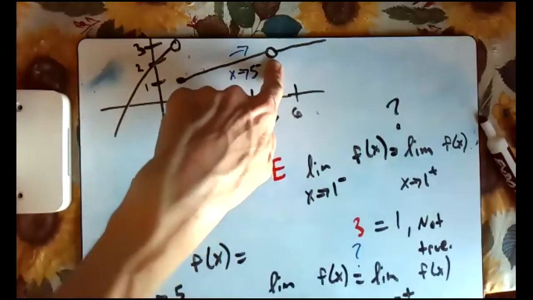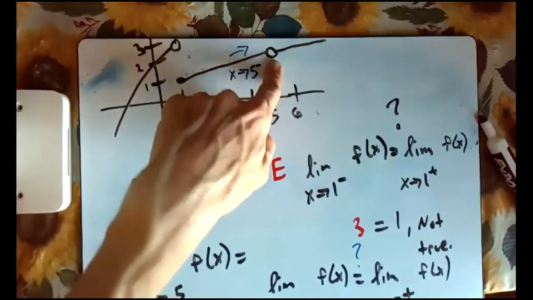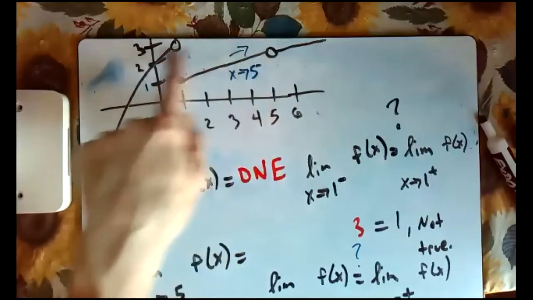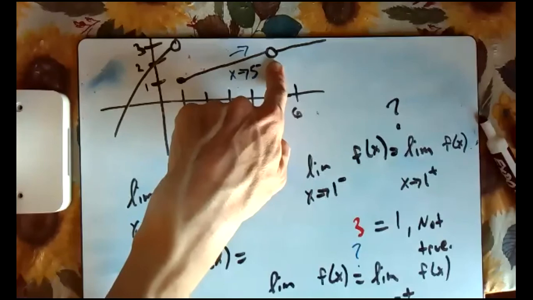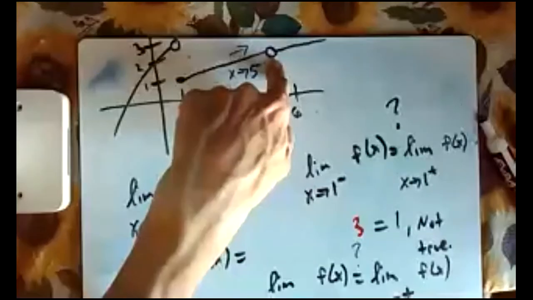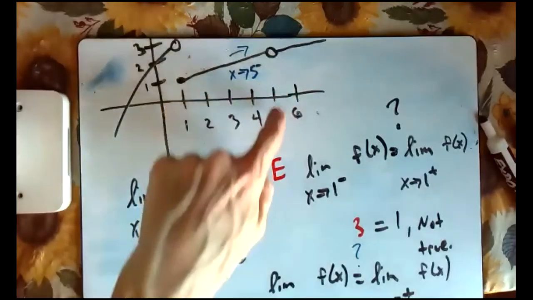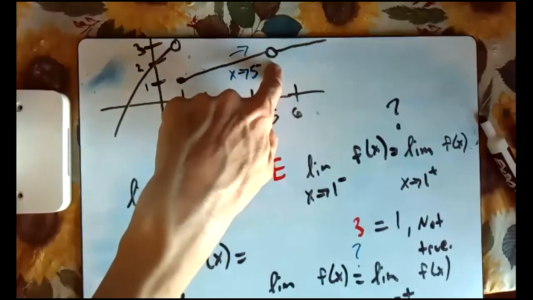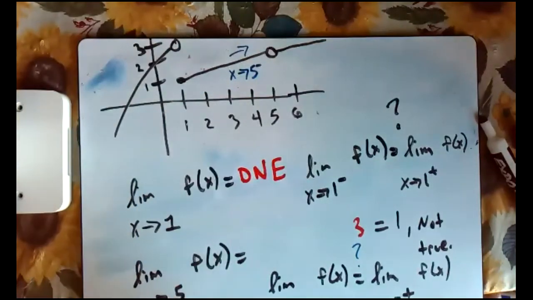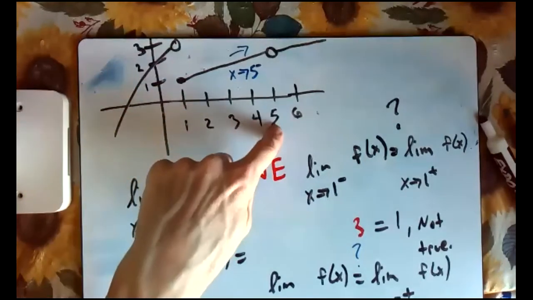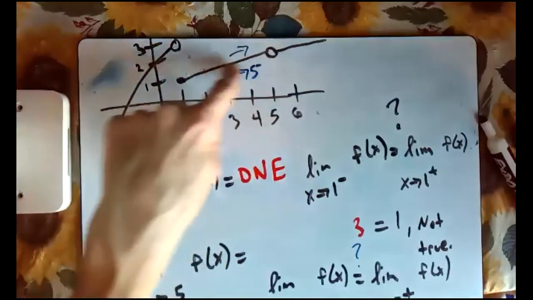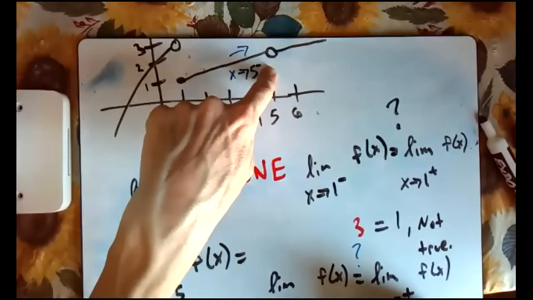Don't sit there and go, oh, open circle means not included, so it can't be going to y equals 2. It is. Remember, these open circles do not affect limits, all right? That affects whether a particular value is equal to that. Remember, limits are not about equality. It's about approaching that specific number. So as we approach x equals 5 from the left, our y value is approaching 2.